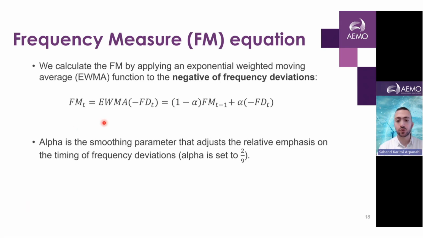Here, you can see the equation used in this calculation. In this equation, alpha is the smoothing parameter that adjusts the relative emphasis on the timing of frequency deviation, and for the purposes of FPP is set to this value. So in simple words, FM is a smoothed version of the negative of frequency deviations.